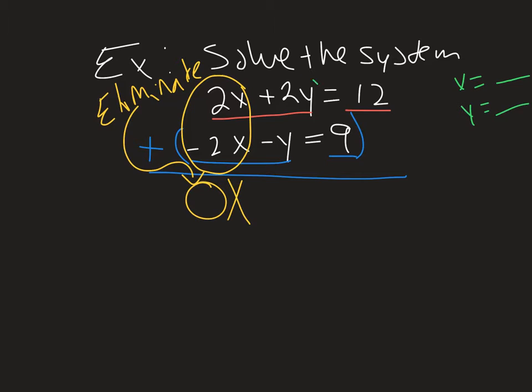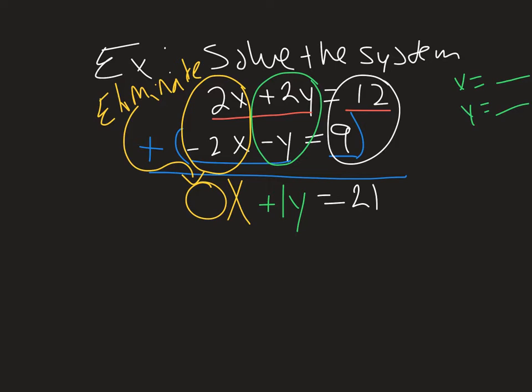The next thing I'm going to look at right here, 2y plus a negative y, or 2y minus y, which is just going to be a positive 1y. And then we will look at our numbers. 9 plus 12 equals 21. So this one worked out pretty nice. It's telling me, hey, y is 21.